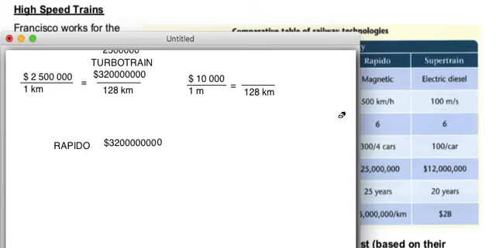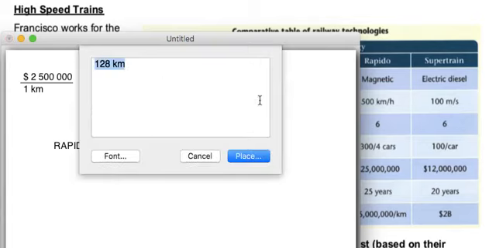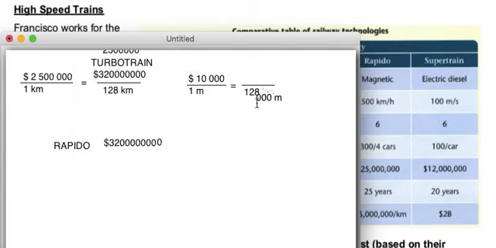In this case, I'm going to get rid of the, well, this is a very fine eraser. Luckily, you guys have much better fine motor control than I do, so you'll be able to do a better job on the paper there. But I need to add 3 zeros here, and suddenly my 128 kilometers is now 128,000 meters. And this way I can figure out how much it will cost. I just do 128,000 times 10,000 divided by 1.